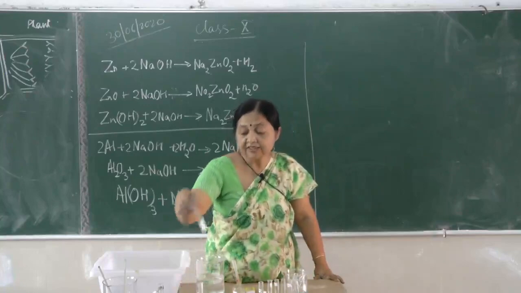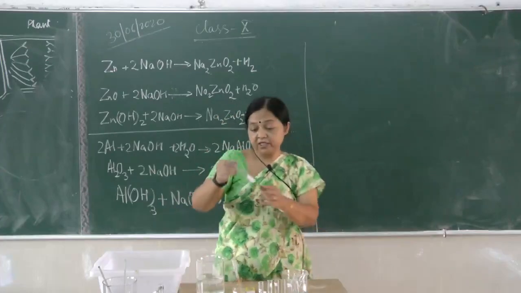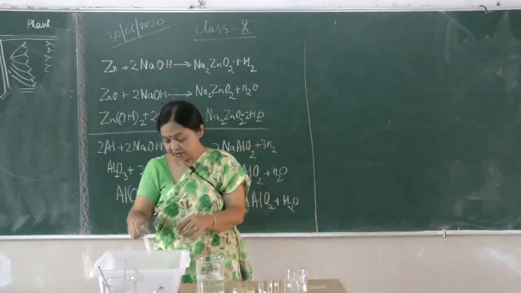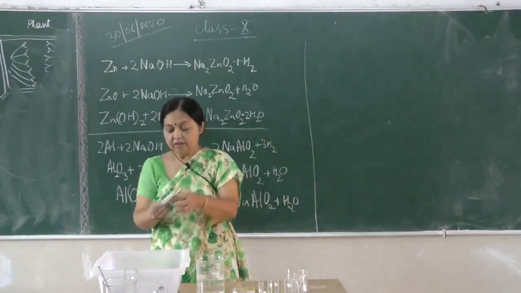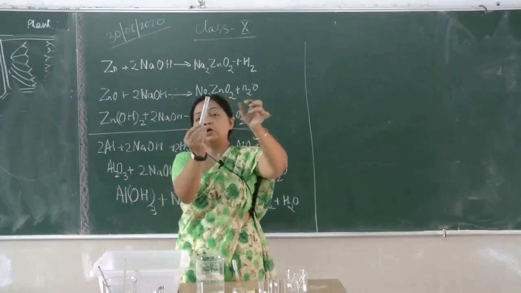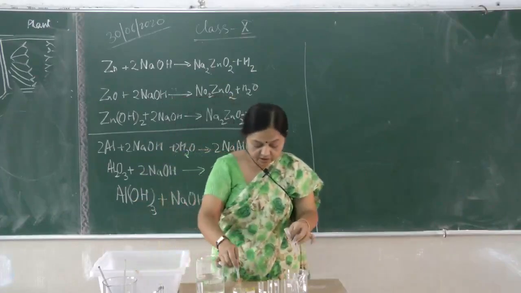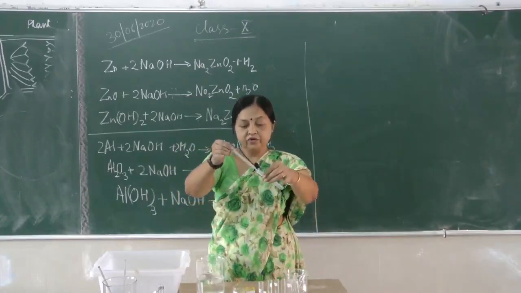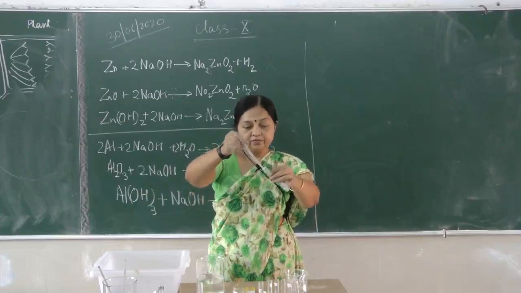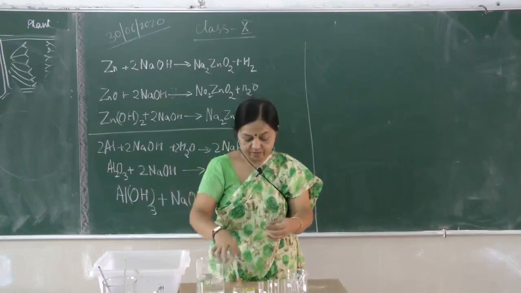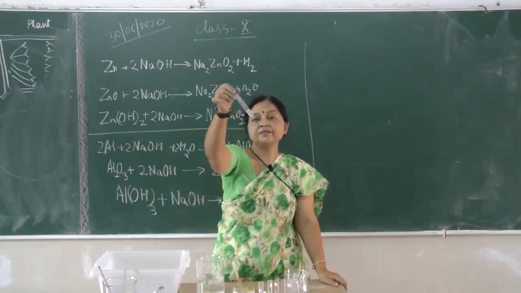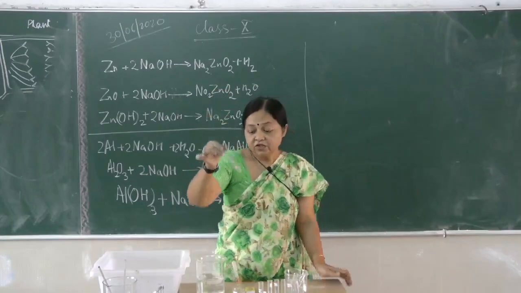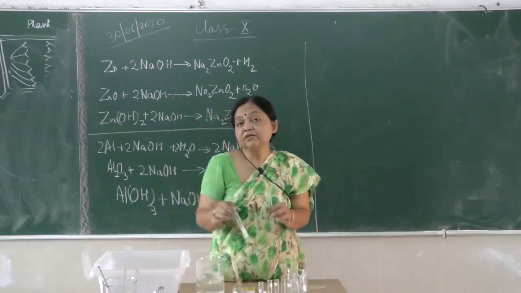But this is zinc, the gelatinous white precipitate. I will take a small amount, whatever is sticking to the walls of the test tube. Now to this we will add excess of ammonium hydroxide. See, it dissolves. So this is the distinguishing test.